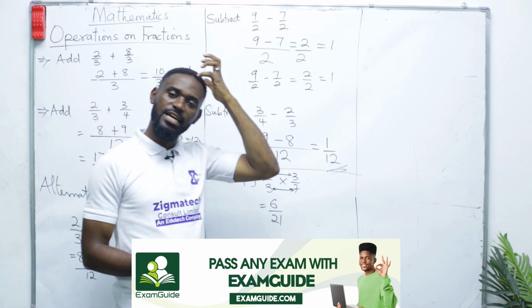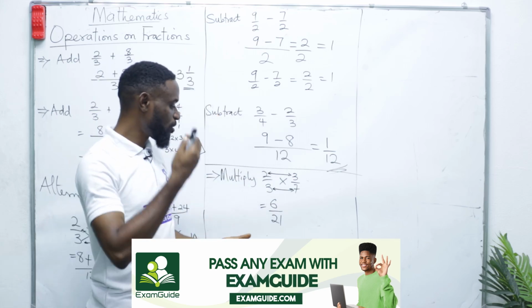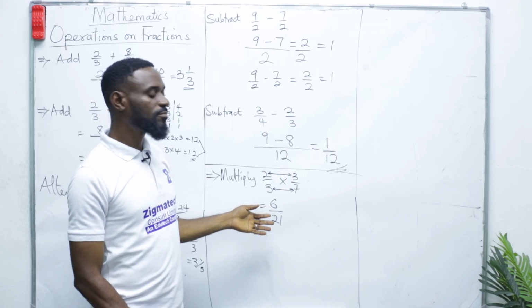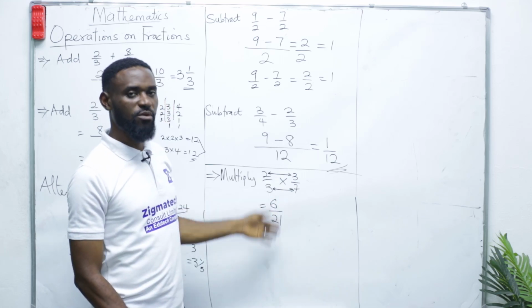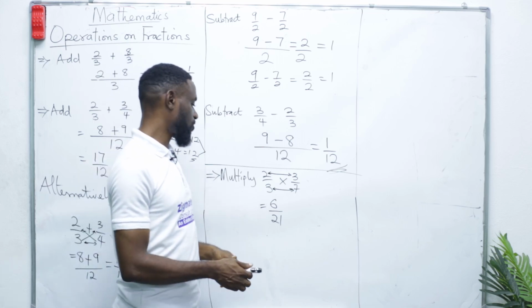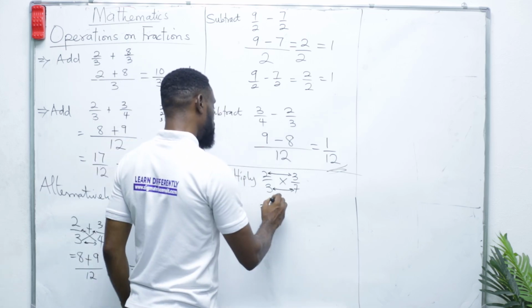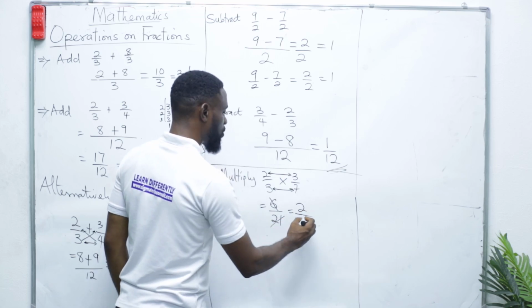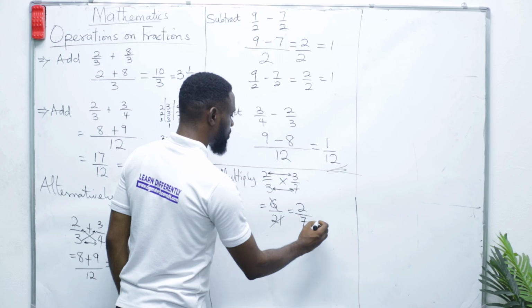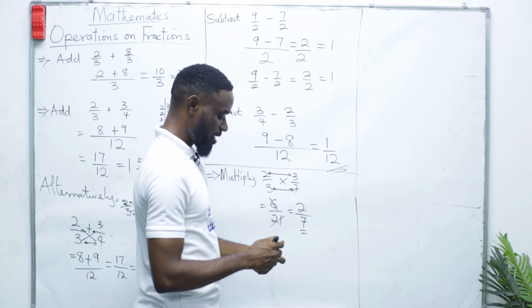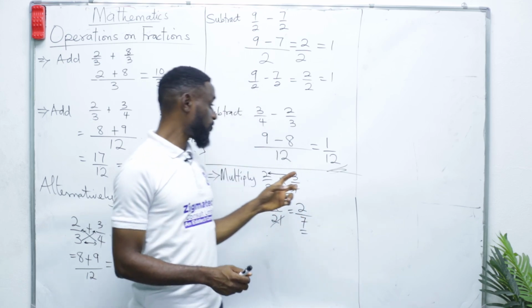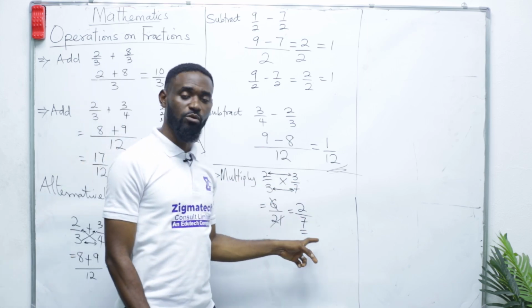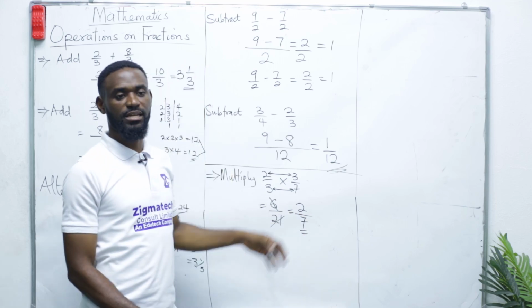No, I think the answer is no, because they have a common factor. 3 is a common factor, right? 3 into 6 is equal to 2, while 3 into 21 will give us 7. So 2 over 7 is the answer when you multiply 2 over 3 and 3 over 7. That is the simplest form you can have.